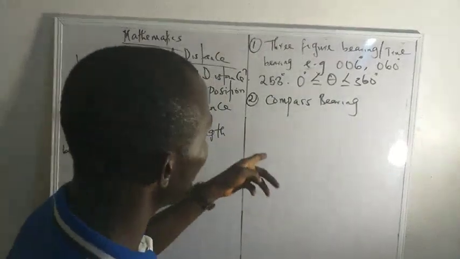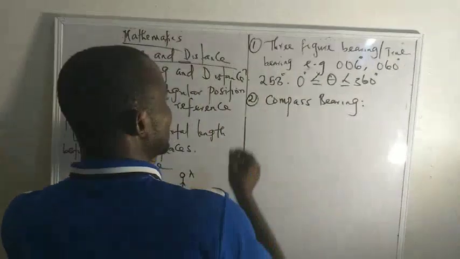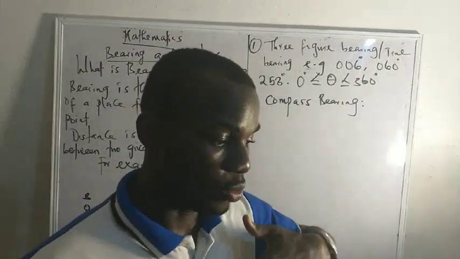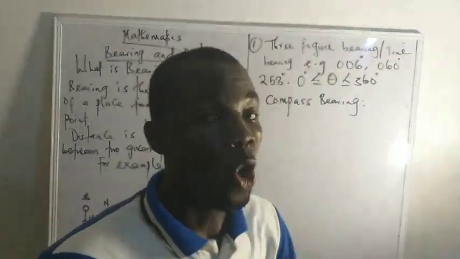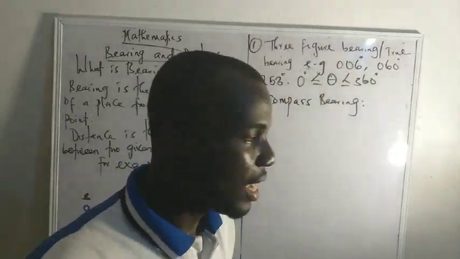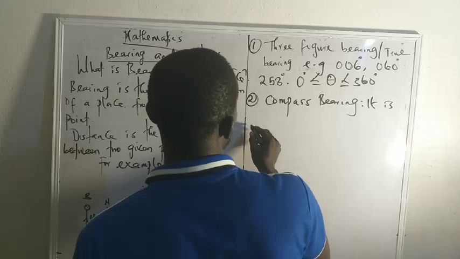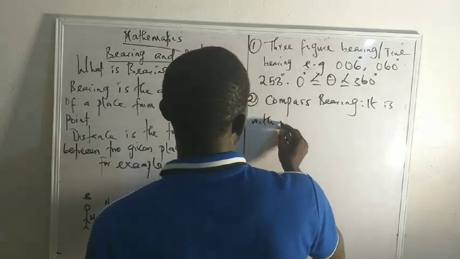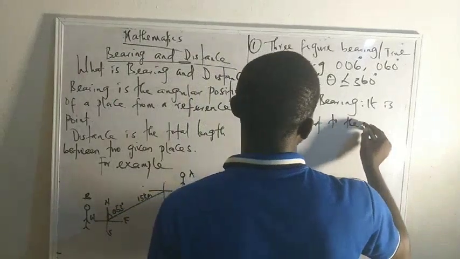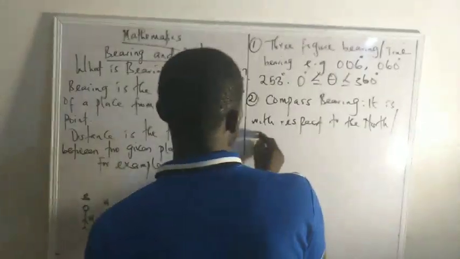But you see the compass bearing, the reference point is with respect to the north or south. When you are drawing it, it is with respect to the north and south.